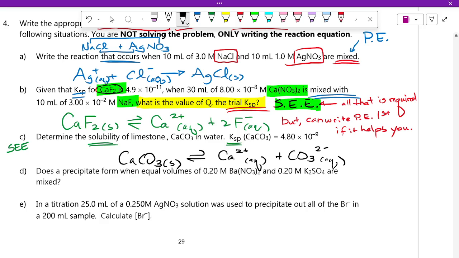Does a precipitate form when equal volumes of barium nitrate and 0.2 molar K2SO4 are mixed? We got a precipitate, we're mixing things. So that's a precipitation equation. Where does the solid go? Solid on the right.